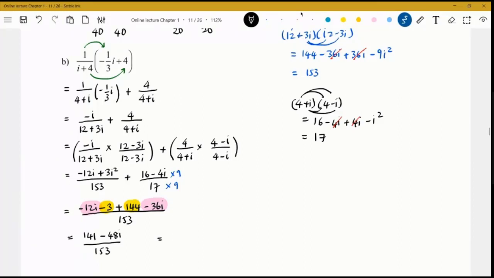Yes. Dapat berapa? 47 over 51. Okay, 47 over 51. 48 over 153, 16, 51. Alright. Okay, so that's our final answer, as in for the simplest form.